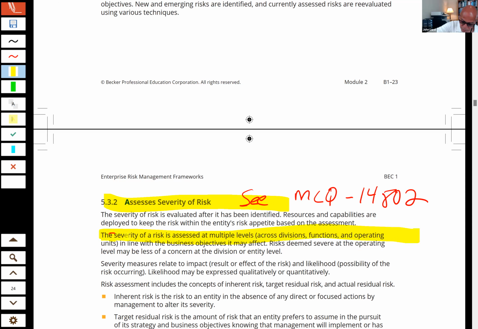Risk deemed severe at the operating level may be less severe than risk at the division level. So you can go ahead and flashcard that. And then as we saw in that little problem, severity measure relates to the impact and likelihood. Go ahead and flashcard that. That concept obviously would have helped you with that question that you see up there. That's why I wanted to show you what they're talking about there.